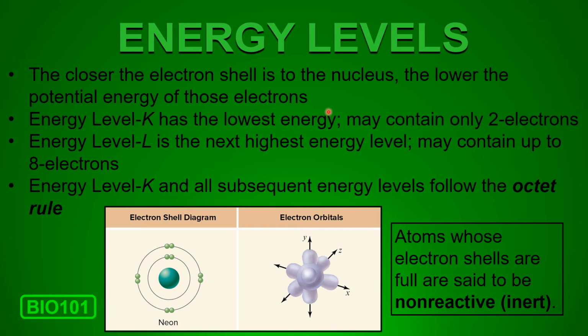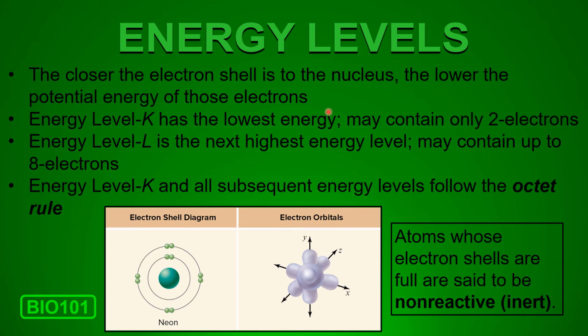So in the case of the electron, and in the case of energy level K, it's like the moon and the earth. It would take something really astronomically catastrophic to knock the moon out of orbit around the earth.